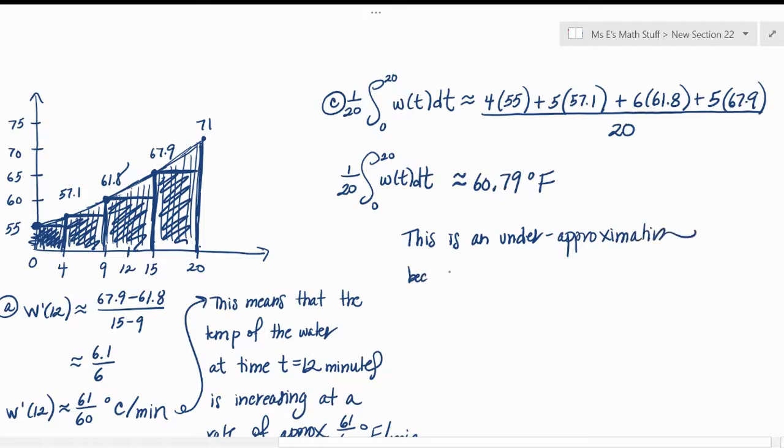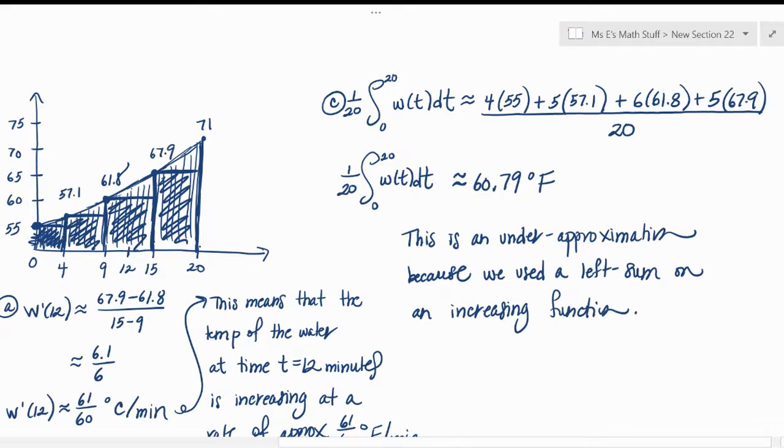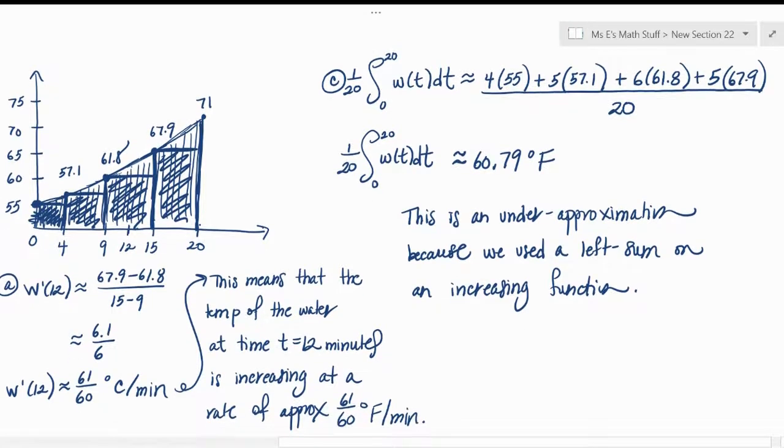I would say because, and this is some language you might want to just put in your back pocket, because they said that the function's increasing, and we used a left sum, and I would just say it that way. So we used a left sum on an increasing function. There we go. Hopefully that makes sense, my friends.